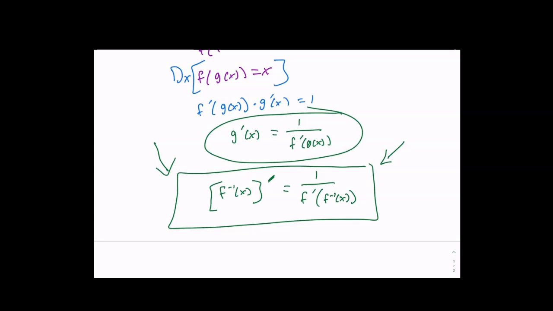Now, we could talk about many other functions that are potentially inverses, and talk about those ones, but they don't show up on the AP exam. We could go a little bit deeper into how this can be applied to implicit differentiation in terms of just looking at the formula, but it doesn't show up on the AP exam.